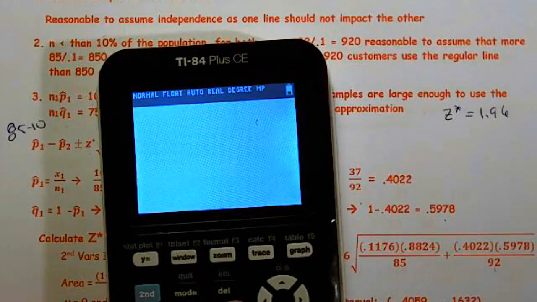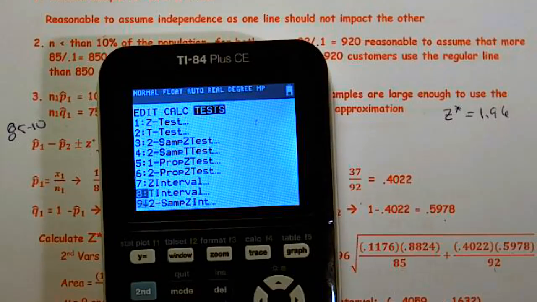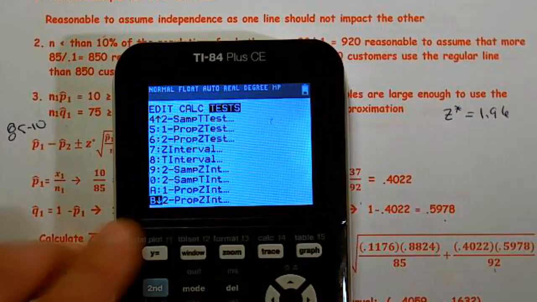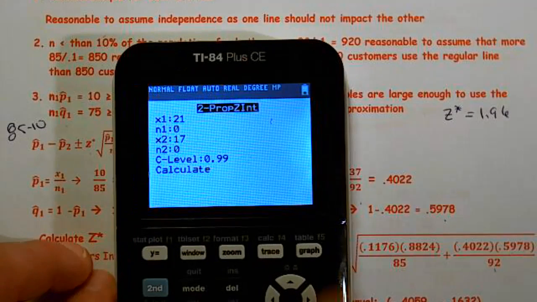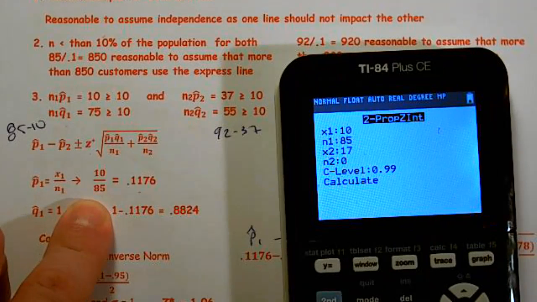All right, so let's run this thing. So stat, test, 2 proportion z interval. We're gonna have to scroll down a while. And we get to letter B, 2 proportion z interval, x1. Well, that was the 10 that paid by check in the express line out of the 85 customers.